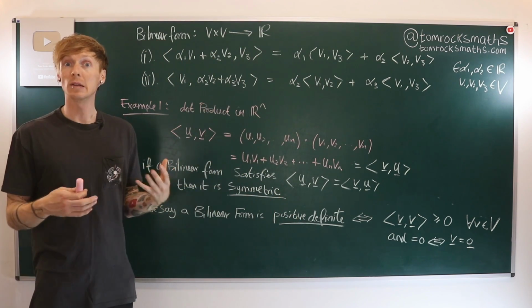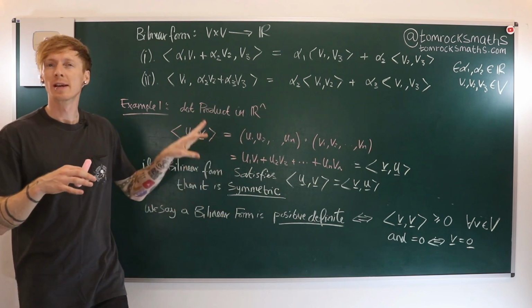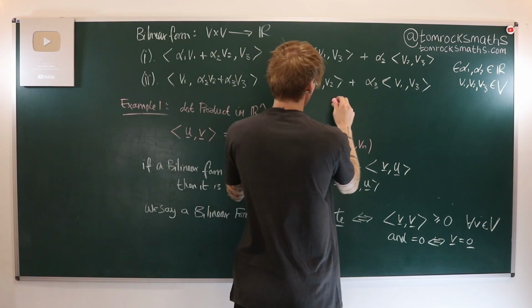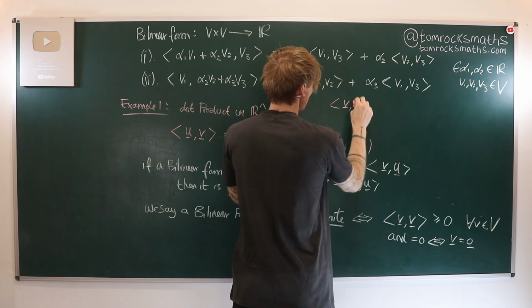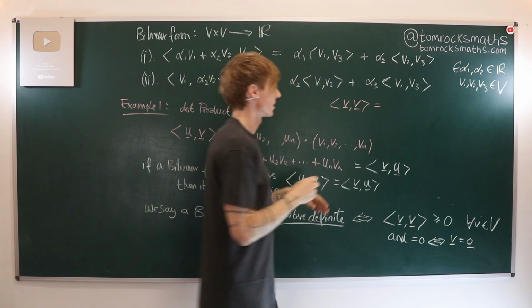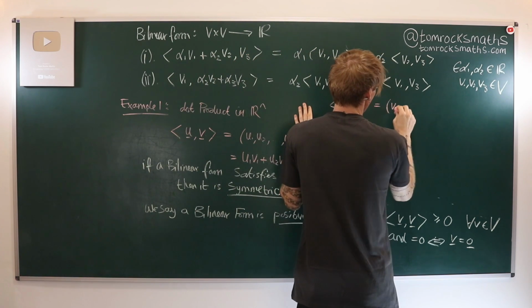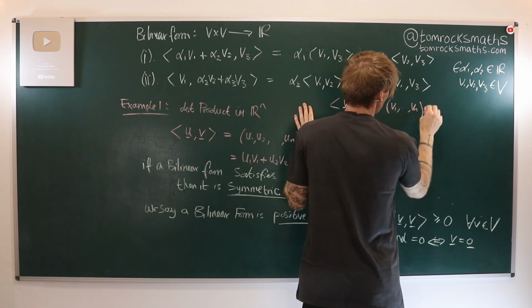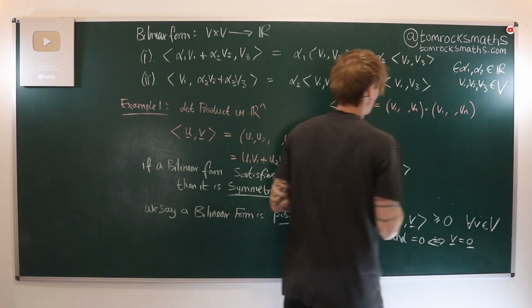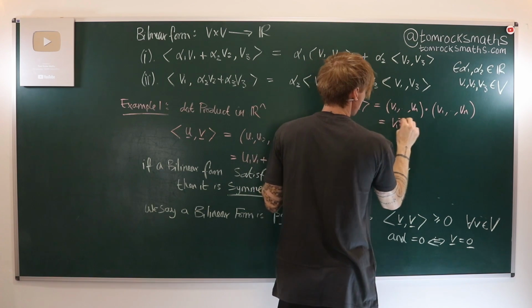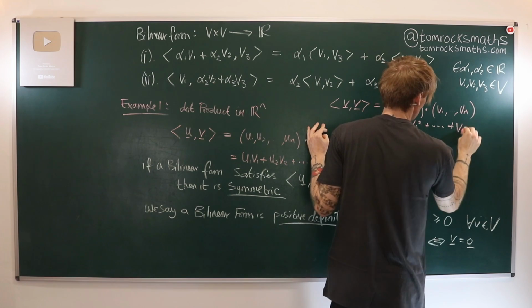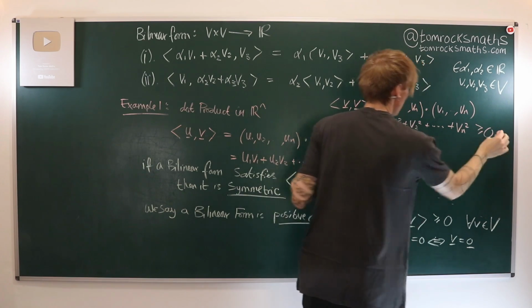So if we now look at this positive definite property in the context of the dot product, then we will see over here that we take the dot product of two vectors which are the same, so that's v1 up to vn dotted with v1 up to vn, and that is simply v1 squared plus v2 squared plus dot dot dot plus vn squared, which we can see is very clearly positive.